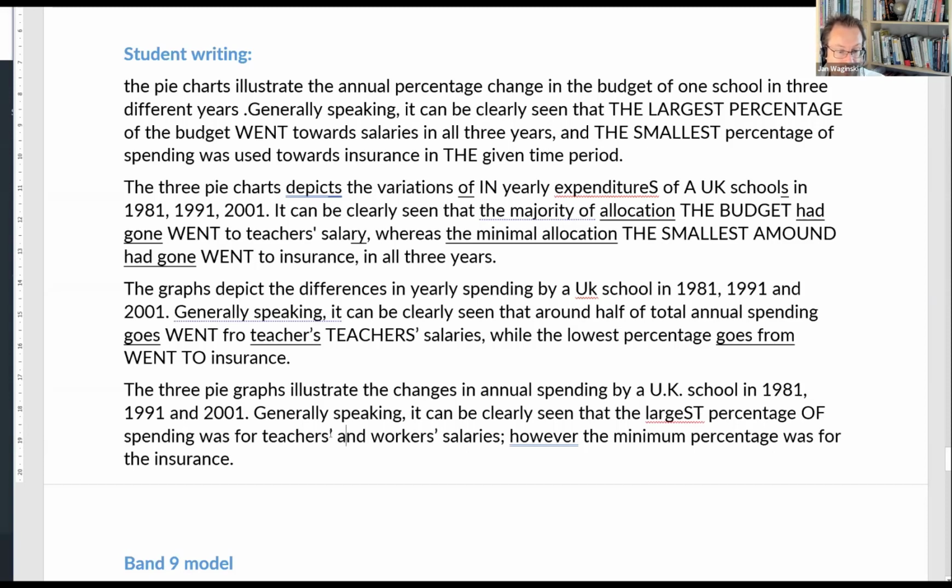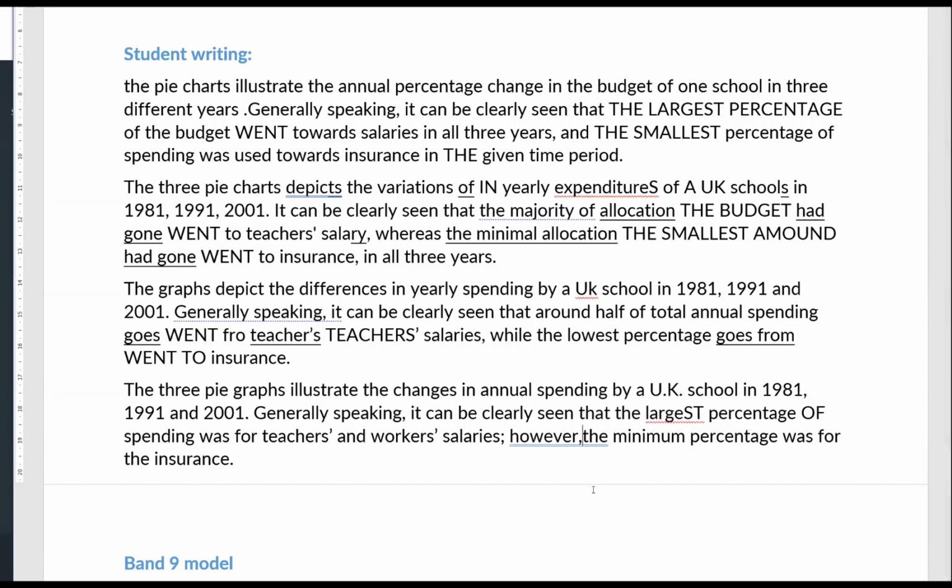You could also do a noun phrase, but then just get rid of the S apostrophe in both of them. The largest percentage of spending was for teacher and worker salaries. You can do possessive or get rid of the S's, just noun phrases. However, what's missing here?